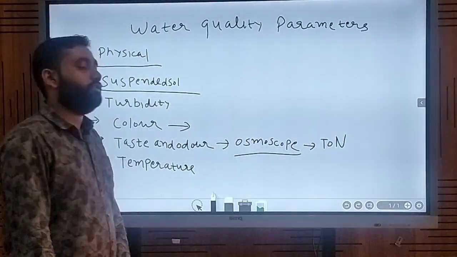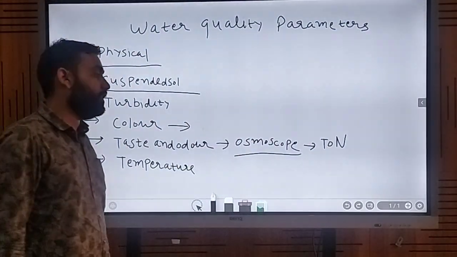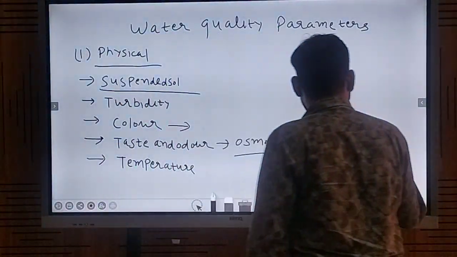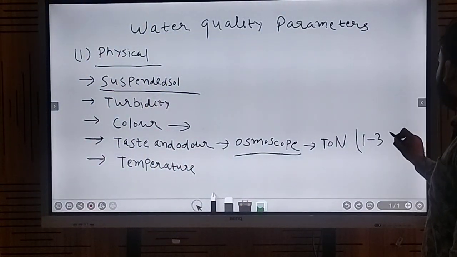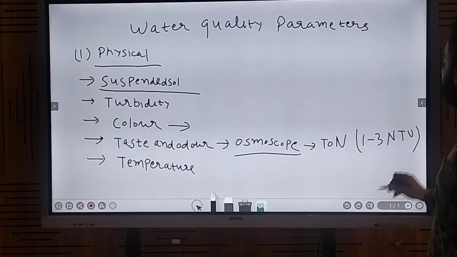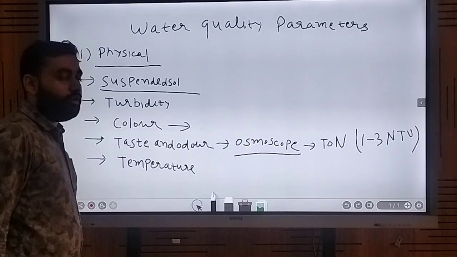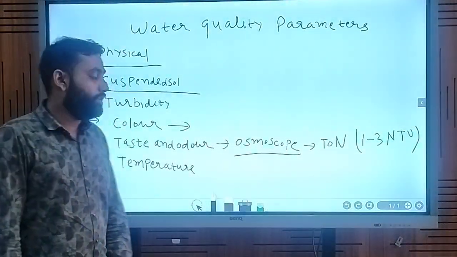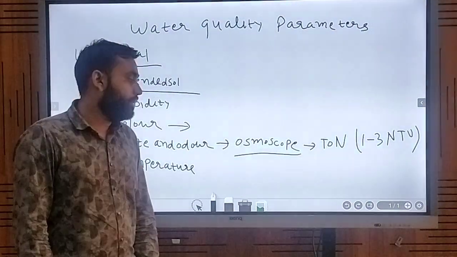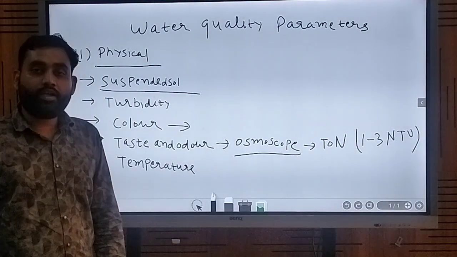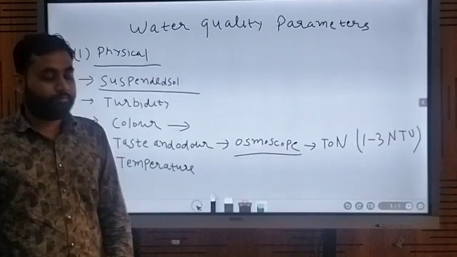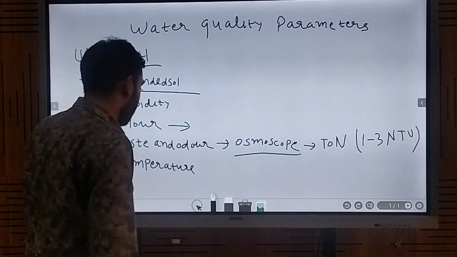The permissible limit of taste and odor is 3 NTU. So we have seen the causes of taste and odor, its measurement, and its permissible limit.